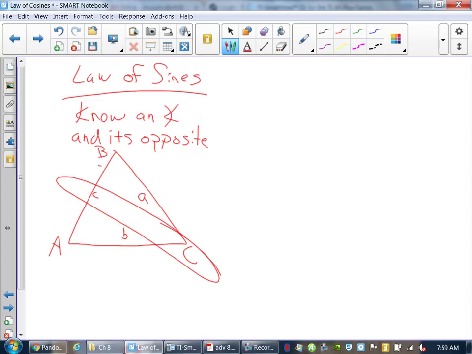Now, law of cosines looks really, really weird. Law of cosines is basically for when law of sines won't work.